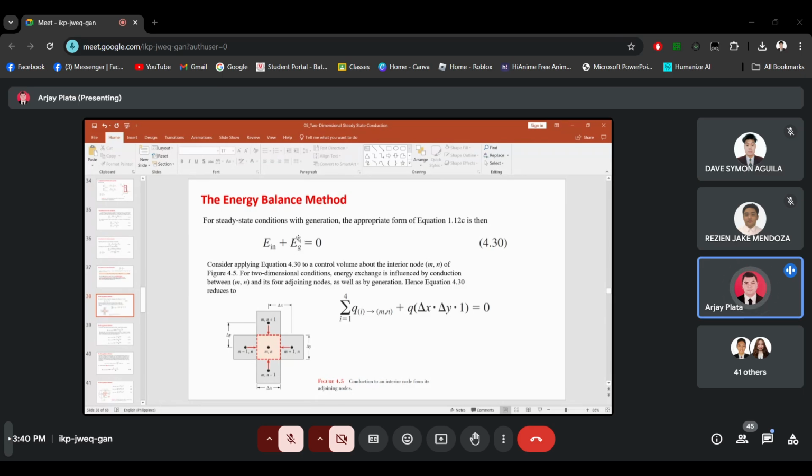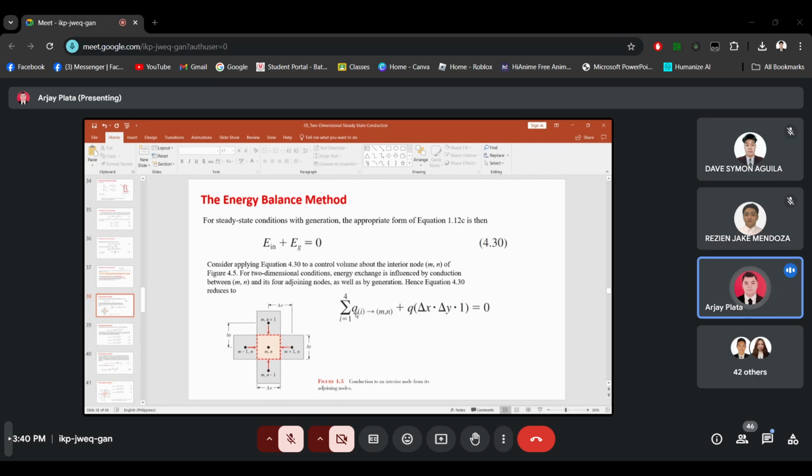To solve for the total heat transfer, we have the summation of all the energy coming in plus the energy generated. Energy generated is q times the volume. What's the volume? Delta x times delta y. Since we do not have a z-axis, it's equal to 1.